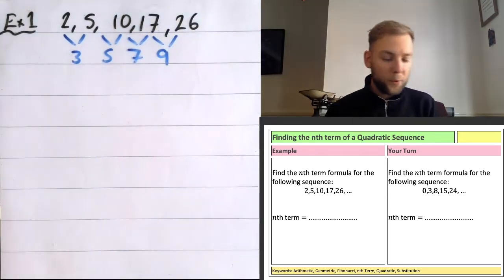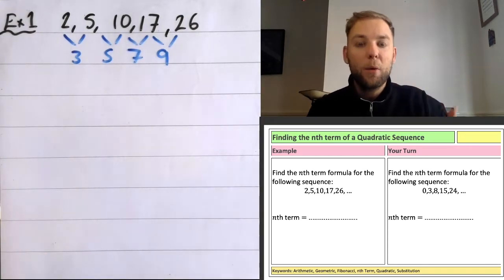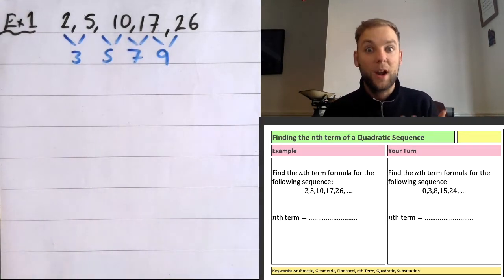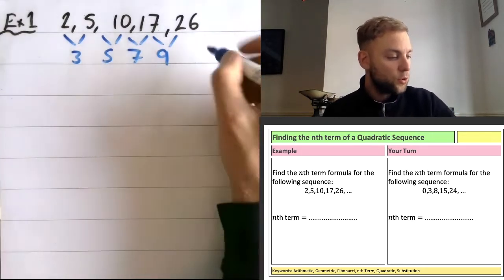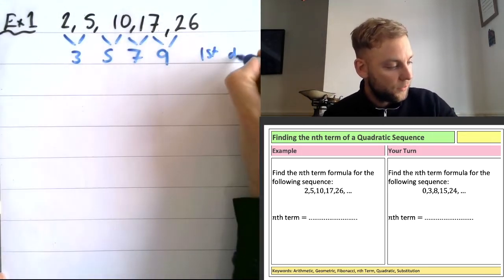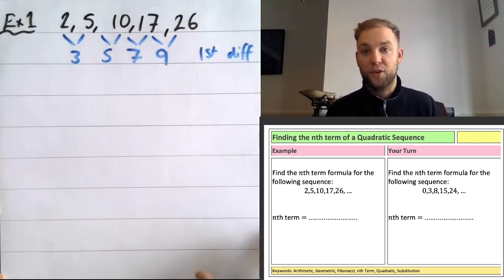The problem is that it's not going up by the same amount each time, so straight away I know that it's not a linear sequence. This is what's called the first difference.